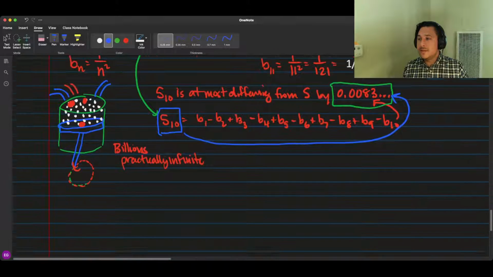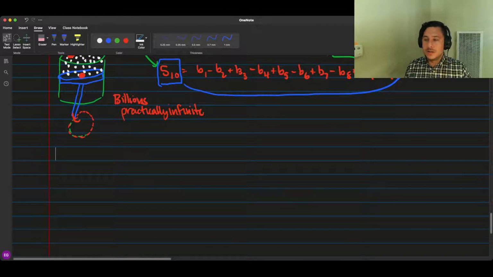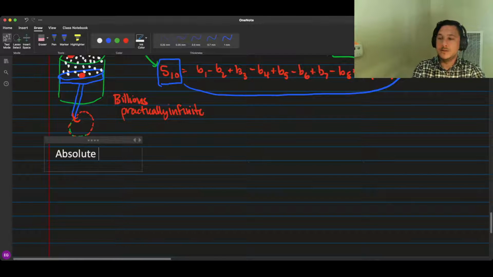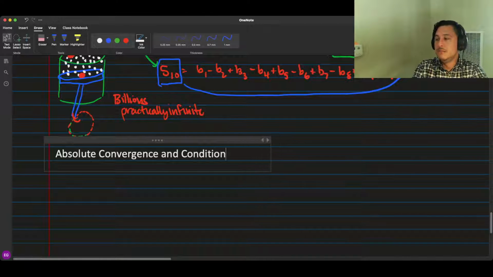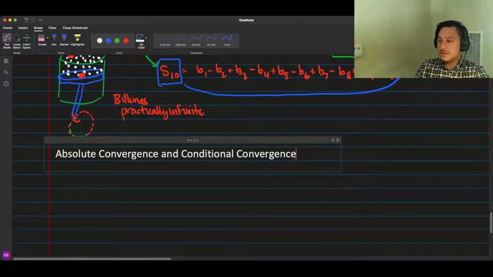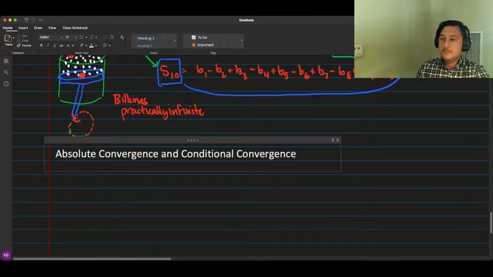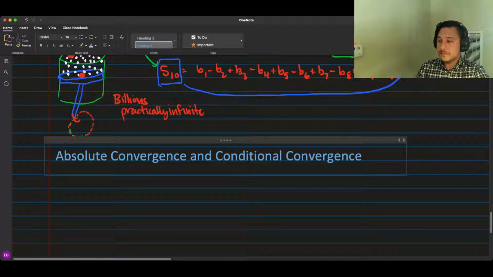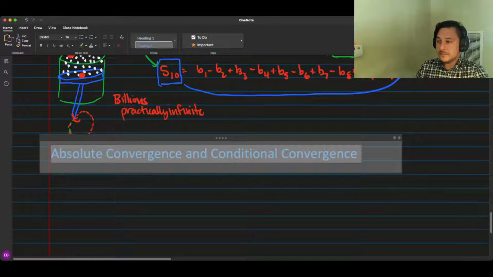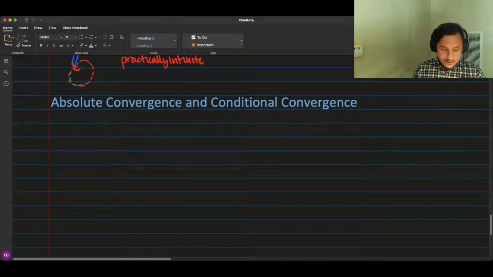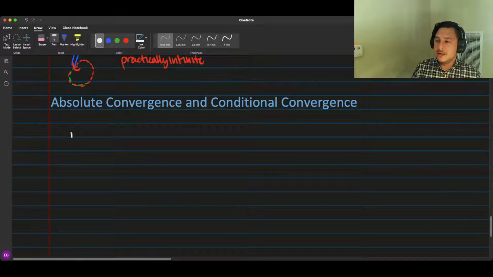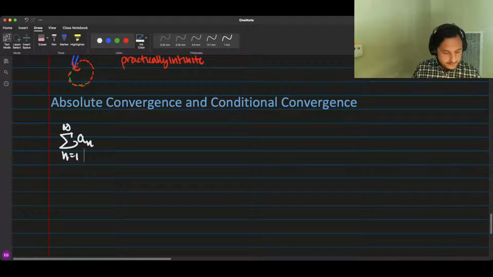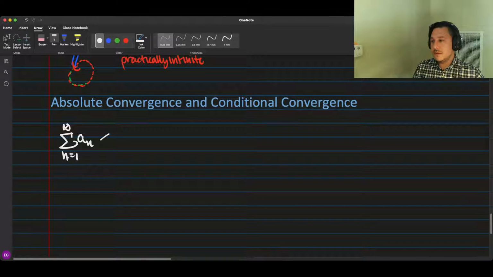Now there are two types of convergence that we're going to be interested in: absolute convergence and conditional convergence. Let's say you have an infinite series, the sum of a_n.